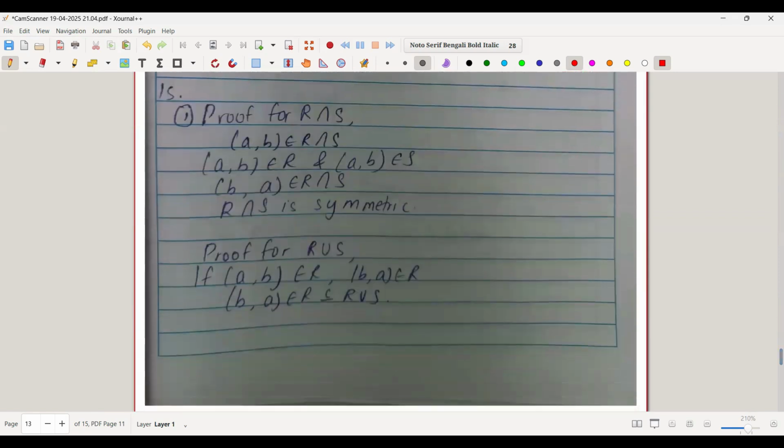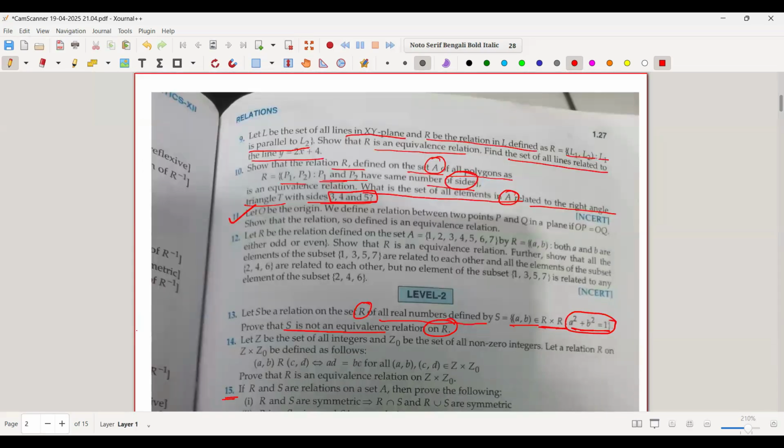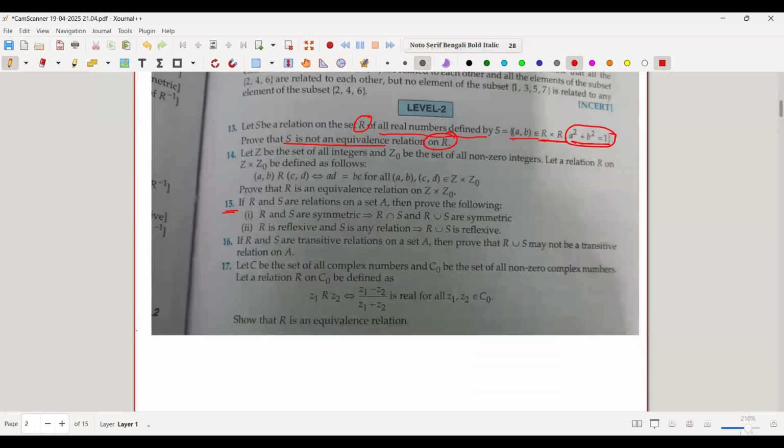Yes, this is the proof for R intersection S. So R and S are relations on set A. Then prove the following. R and S are symmetric implies R intersection S and R union S is symmetric.